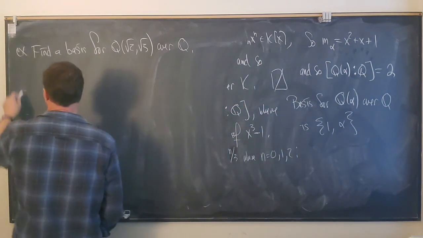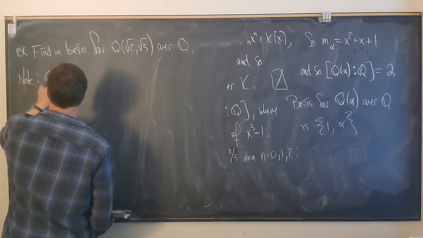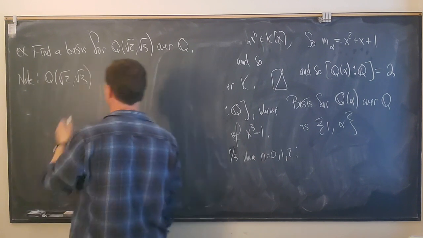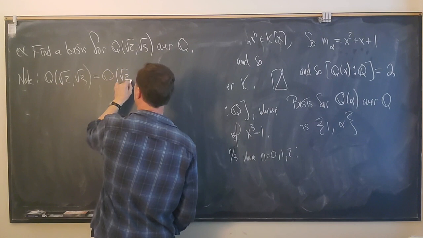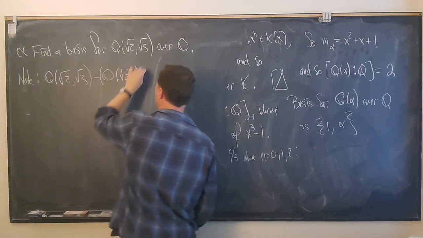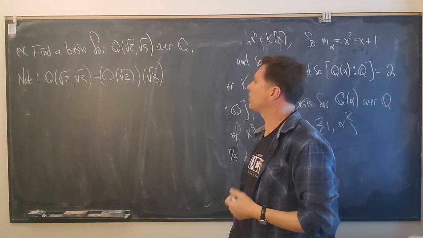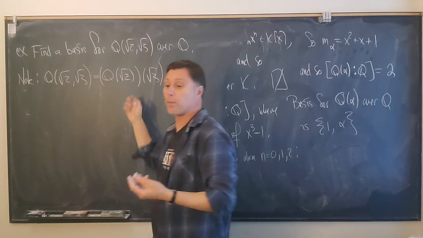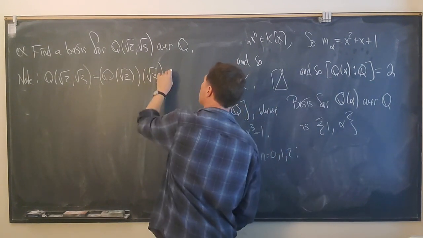So first, let's just note Q adjoin root 2 and root 3, you can think of it as Q adjoin root 2 and then adjoin root 3. All right, so you can form this extension field one element at a time.